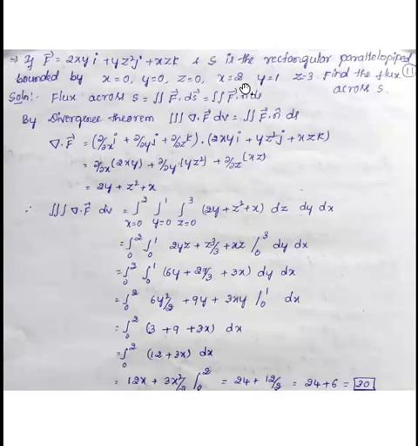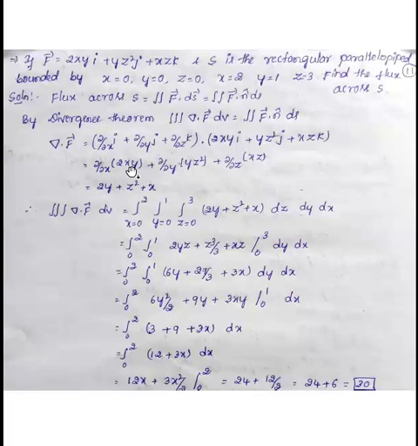In this problem the limits are directly given: x varies from 0 to 2, y varies from 0 to 1, z varies from 0 to 3. Del dot F is given by i dot i is 1, del by del x of 2xy, plus j dot j is 1, del by del y of yz², plus k dot k is 1, del by del z of xz.